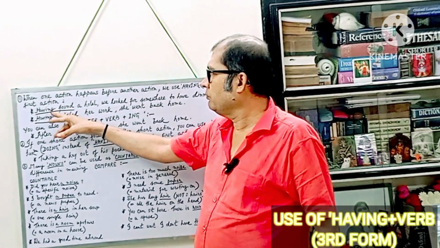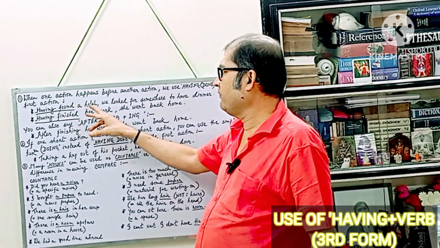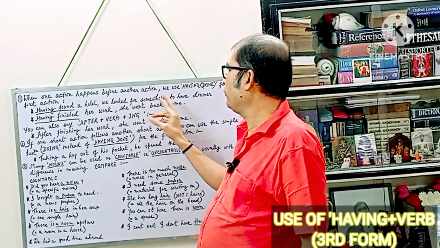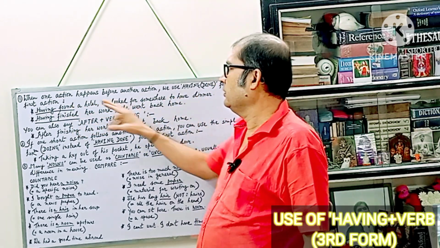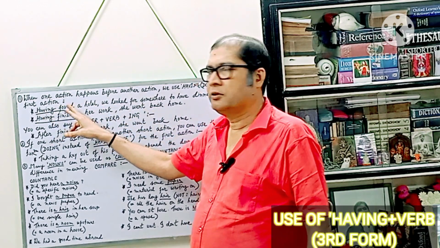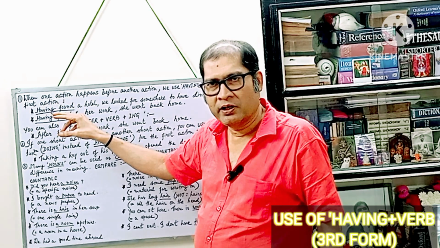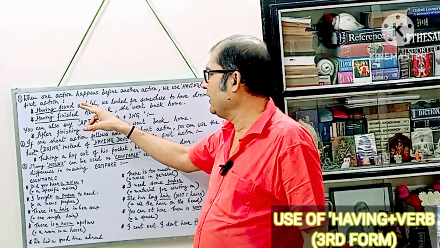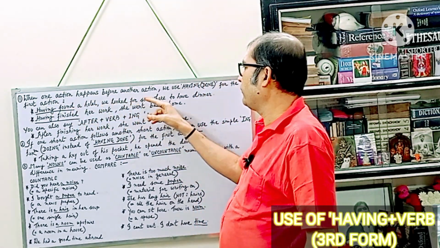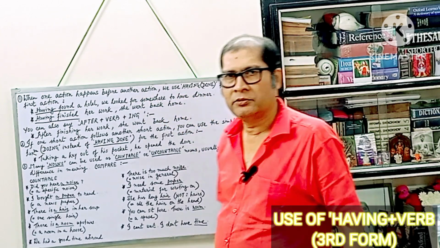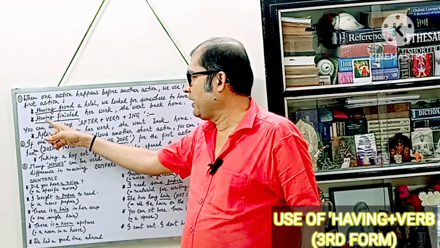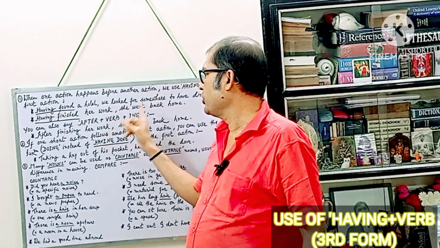Let us take this one. Instead of saying, having found the hotel, we looked for somewhere to have dinner, we may say, after find, first from find, then ing, after finding a hotel, we looked for somewhere to have dinner. In the same way, here written, having finished her work, she went back home.